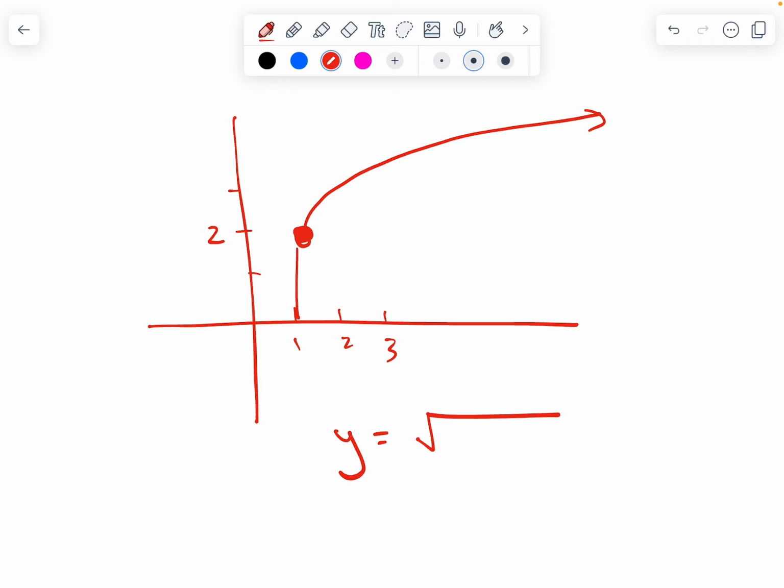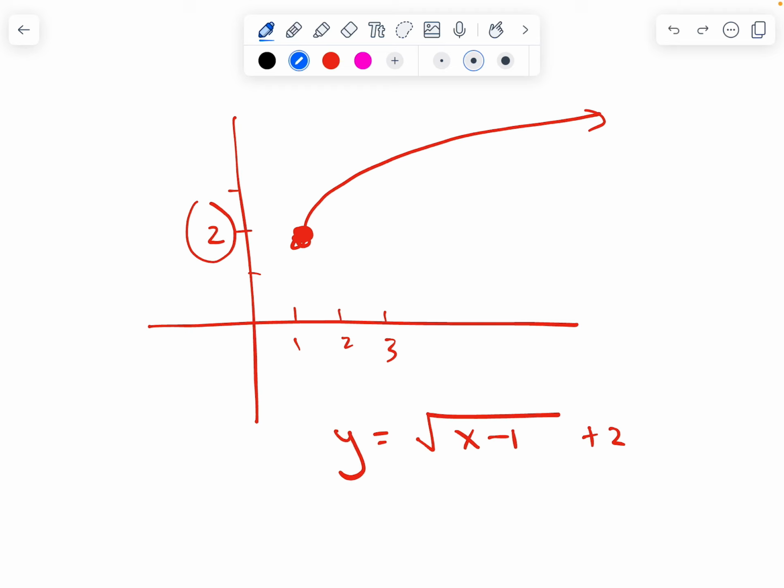That 1 means it got shifted to the right by 1. So we're going to do x minus 1. That 2 as the starting point, that 2 means that it got raised up by 2. And so we're going to do a plus 2. Now, if it was really steep like this, you'd have to check, and maybe you'd put a 2 in there or a 3, depending on how steep it is.